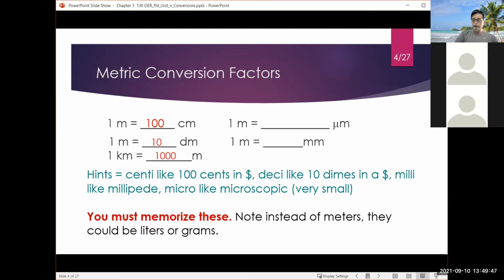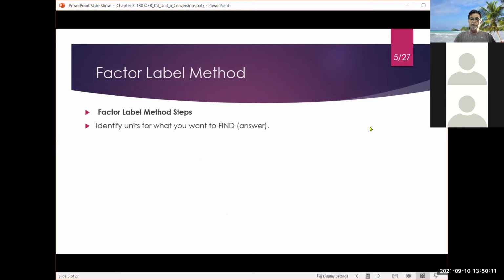And then we see that micro symbol, so that's a million. So in 1 meter, there are 1 million micrometers. And in 1 meter, there are 1,000 millimeters. So these deal with the prefixes, which I gave you a table, a PDF file, representing that.